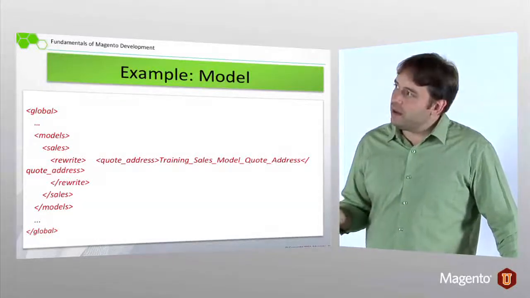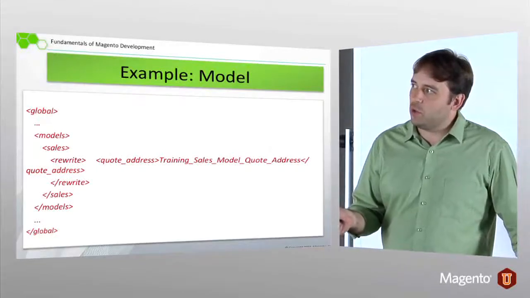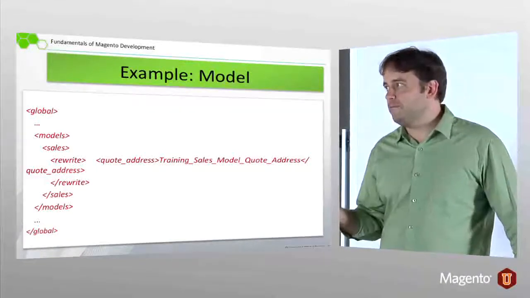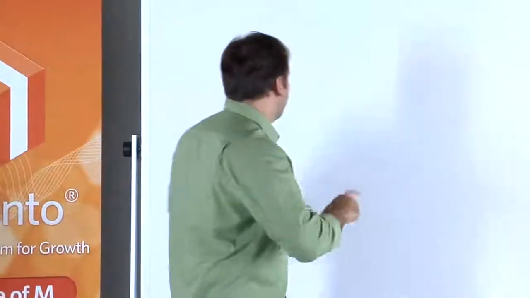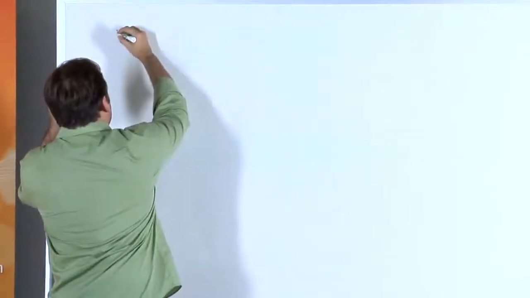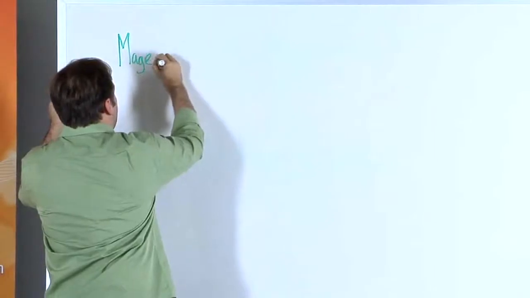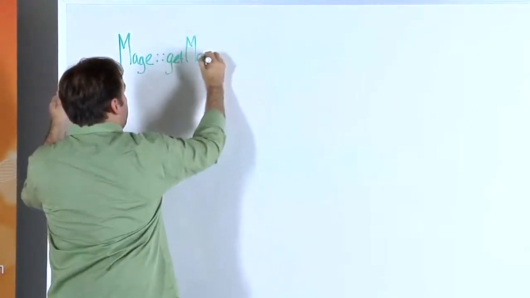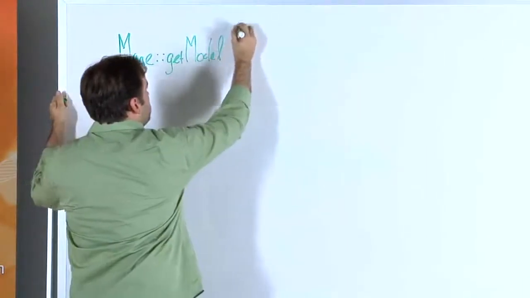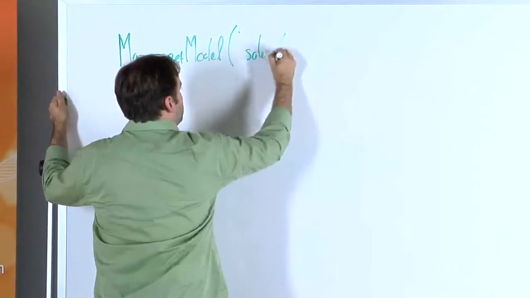We're going to take our node, this rewrite node, and pass in quote address, and then pass in a full class name. So what that config object does, we might see this call. Let's see. Mage get model, sales, and then what are we getting?